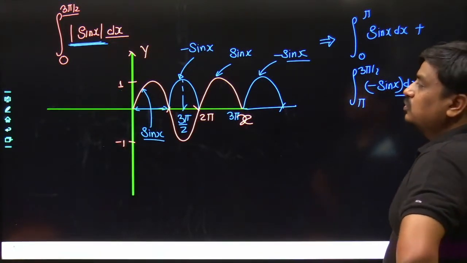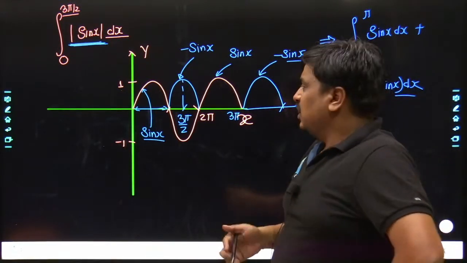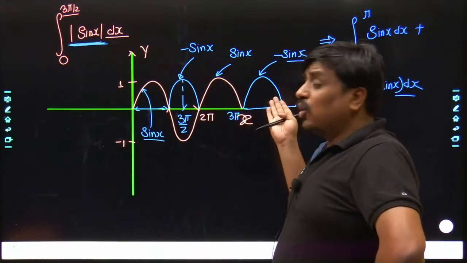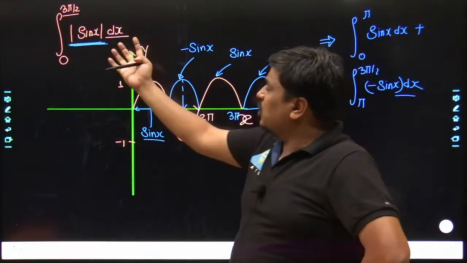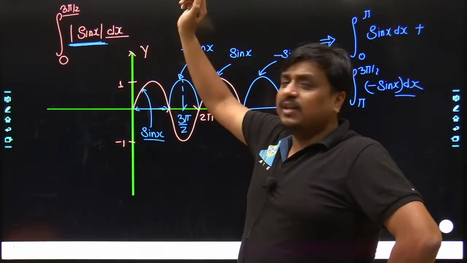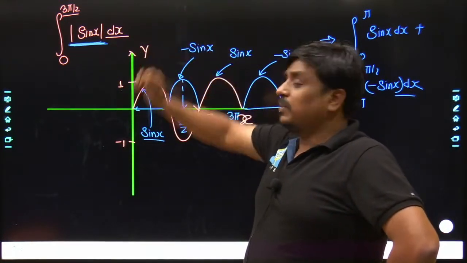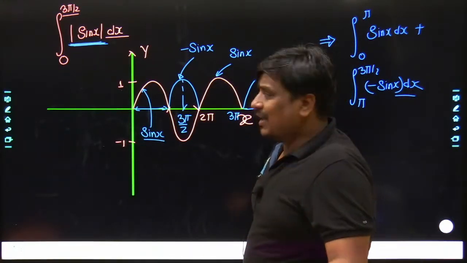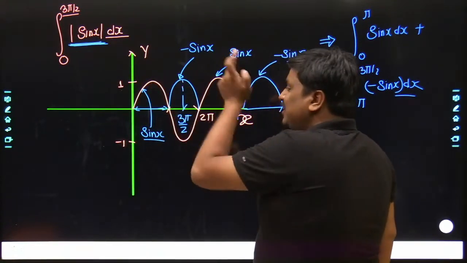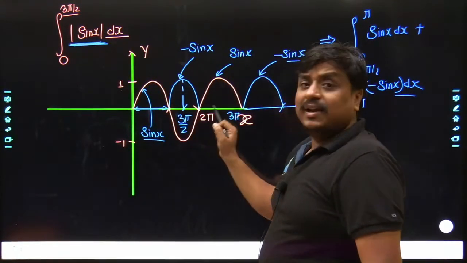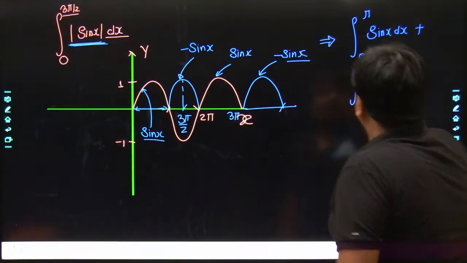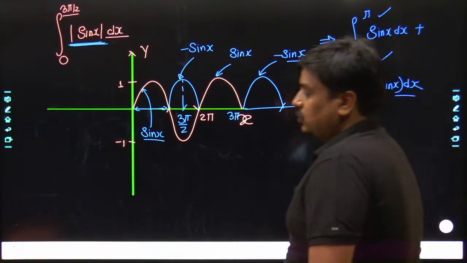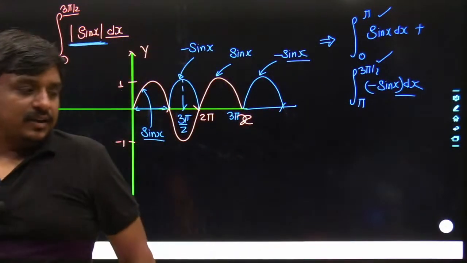And the students who do not have a good idea about the modulus function over the 2D plane, simply remove that mod and take the integration in one go from 0 to 3 pi by 2. From 0 to pi, if you take the integration once through, that looks okay because the function is uniformly the same as sin of x. But from pi to 2 pi, it is minus of sin x. That is why the integration has to be done in parts, from pi to 3 pi by 2. And that integration you can do by yourself.